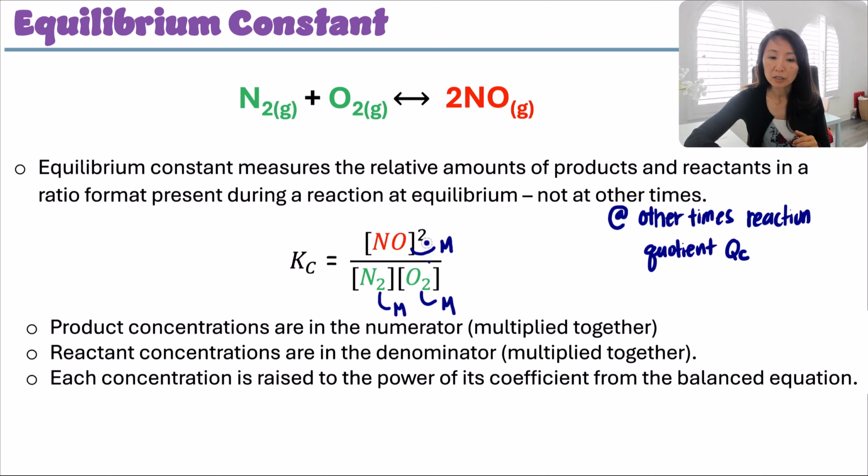And note that there is a little 2 right here. Where does that come from? That is the power of the coefficient from the balanced equation. So that's coming from this 2 here. Here there is a 1 because the coefficient is 1, but we don't write it. That's all it is.